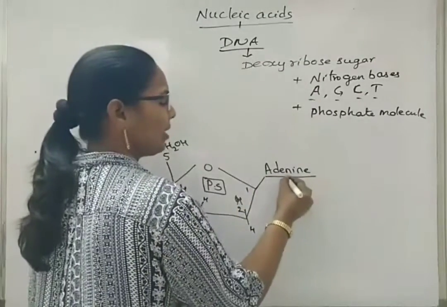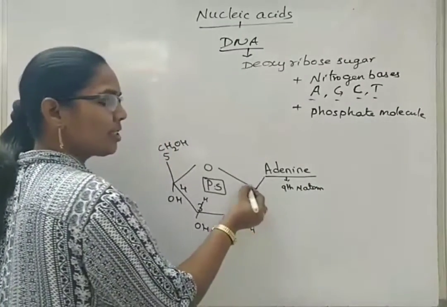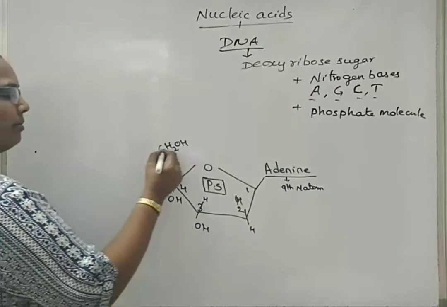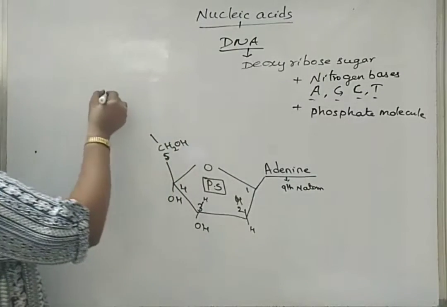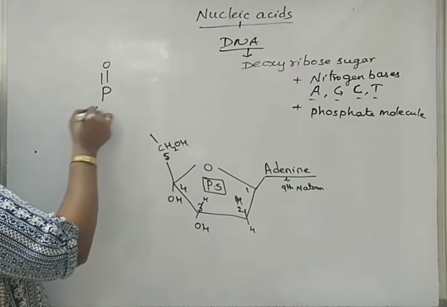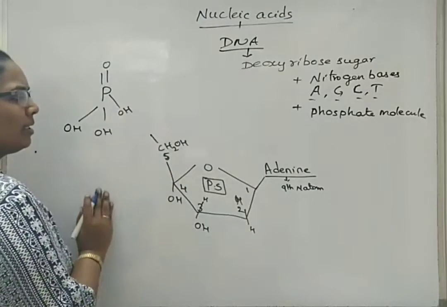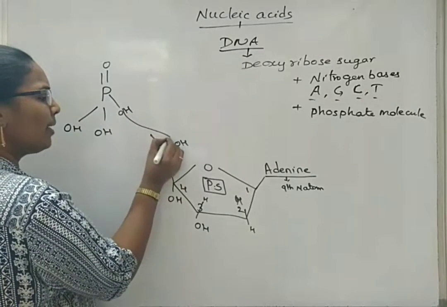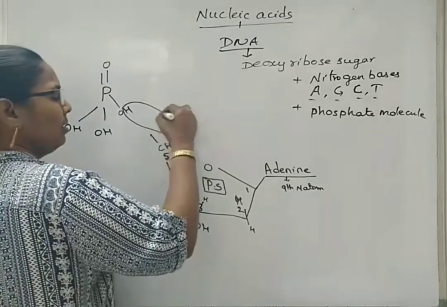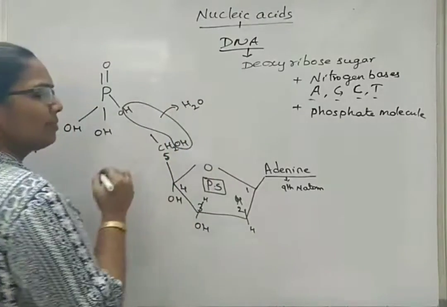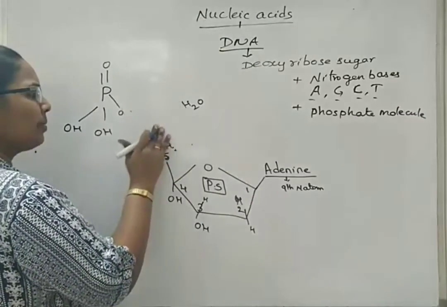It is attached from its 9th nitrogen atom to the 1st carbon position of the pentose sugar, and the 5th carbon position of the pentose sugar will be attached to the phosphate molecule like this, OH, OH, and another OH has to be present here, but the hydrogen of the OH of the CH2OH, that is 5th carbon, is removed in the form of water and now forms a bond between oxygen and carbon like this.